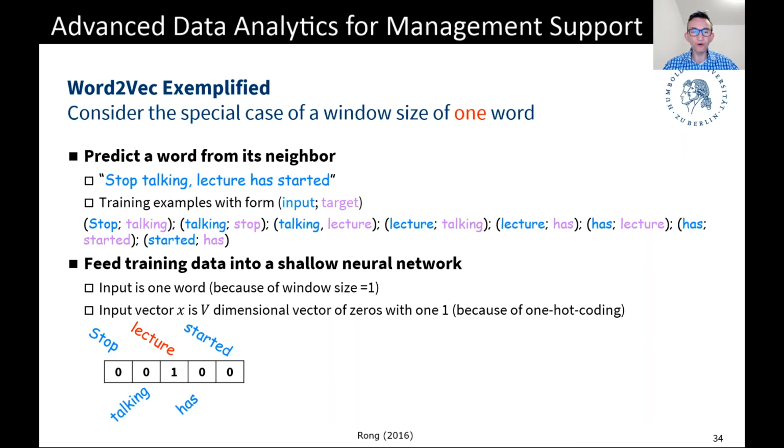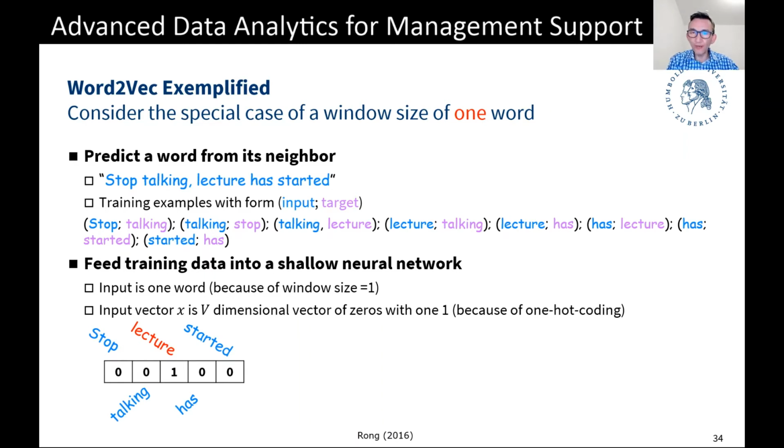That's equally possible. And then it goes on. Next we have talking and lecture and lecture and talking. And we then shift our window forward to obtain lecture and has and has and lecture. Has started and started has. This gives us the last training tuple.